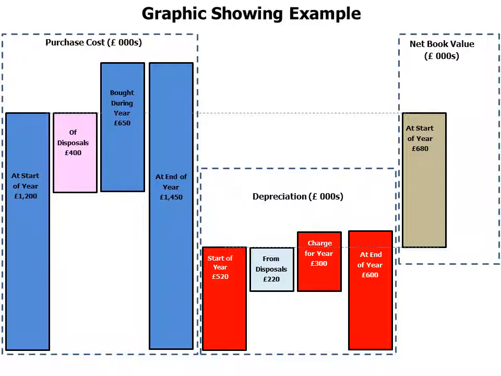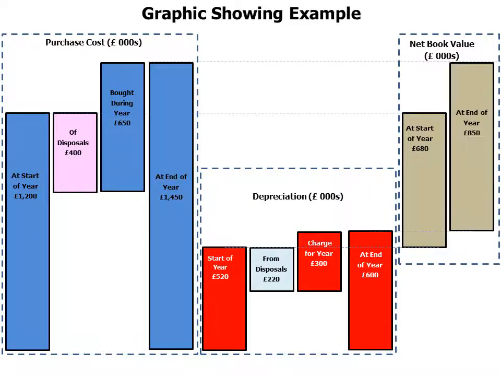So the net book value at the start of the year is 680, which is the difference between the 1,200 in gross value less the 520 at the start of the year, and at the end of the year is 850, which comes from the gross value of 1,450 less the accumulated depreciation at the end of the year of 600.